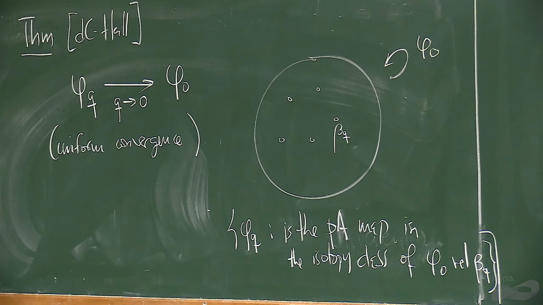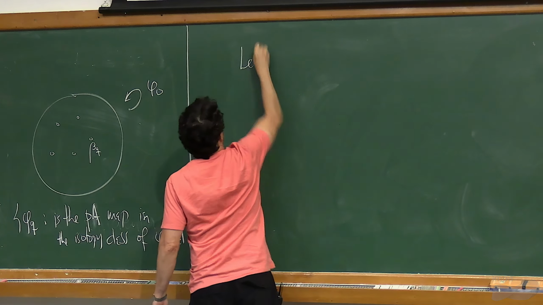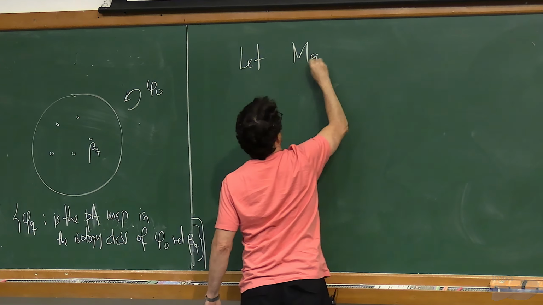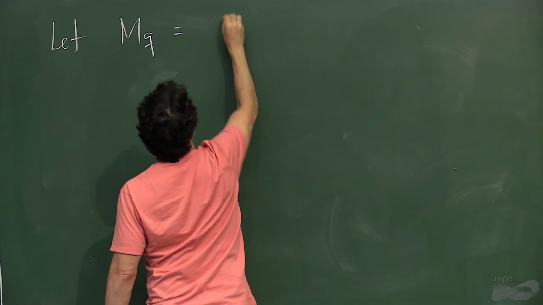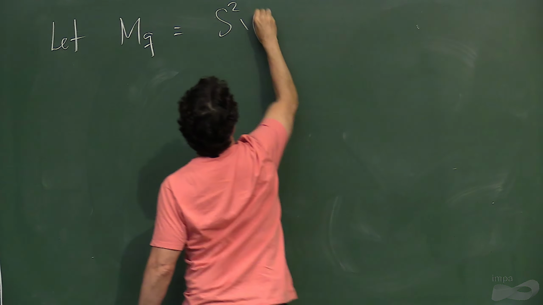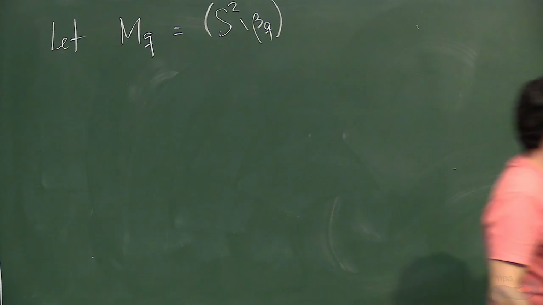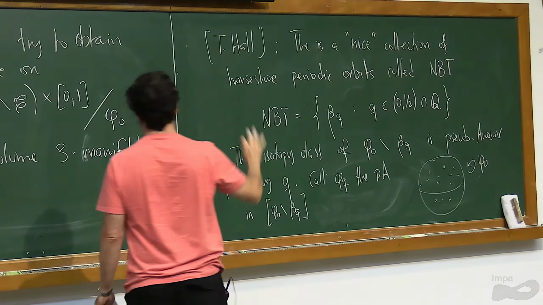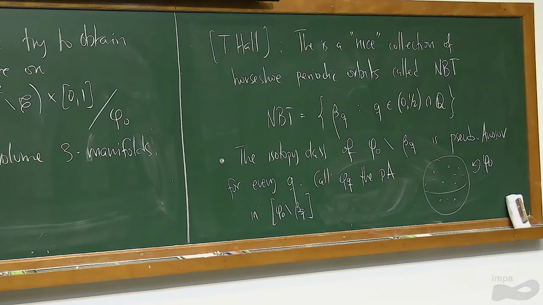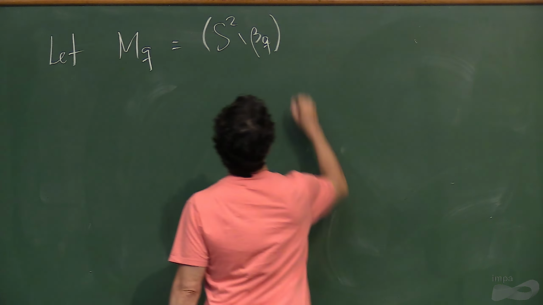Now, the other statement involves hyperbolic 3-manifolds, and it is the following. So now let M q be the mapping torus of S2 minus beta q. So you remove one of these orbits. Anyway, I'll say a word about what these orbits are.